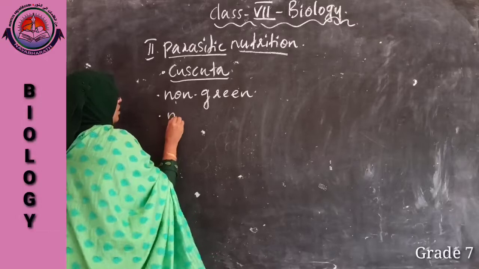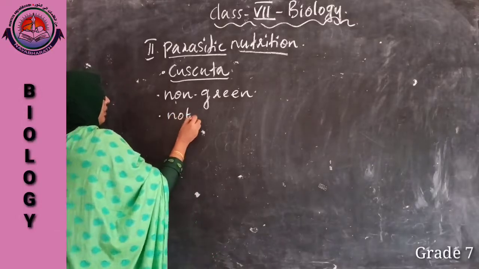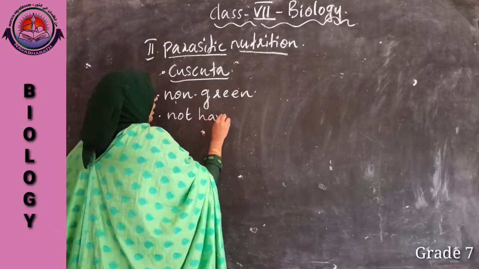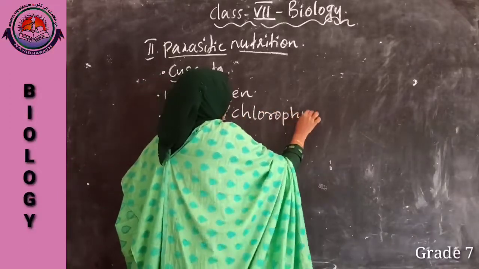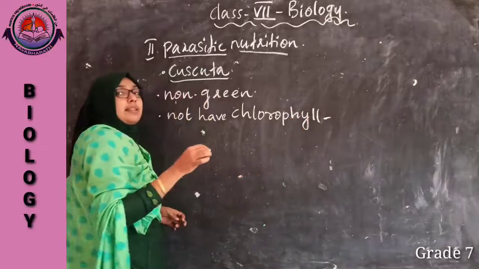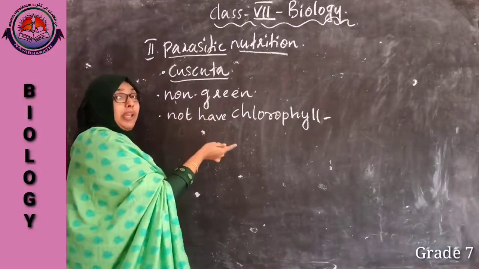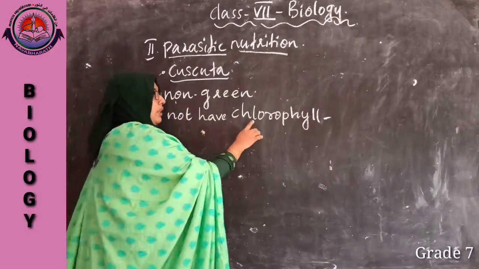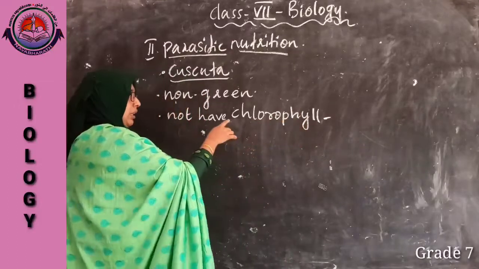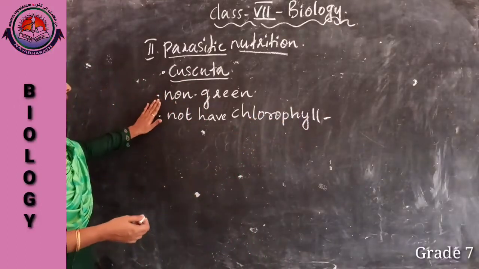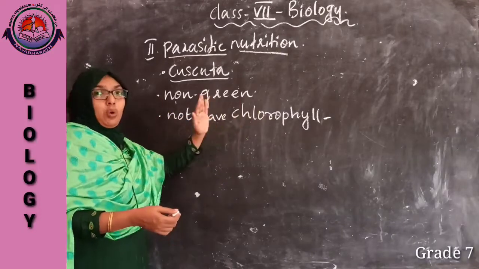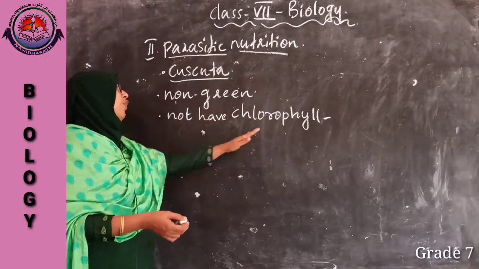It does not have what? Chlorophyll. If it does not have chlorophyll, what is the significance? It cannot make food, isn't it? Photosynthesis cannot be performed since there is no chlorophyll. So it's a non-green plant. They don't have chlorophyll, so they can't make food.